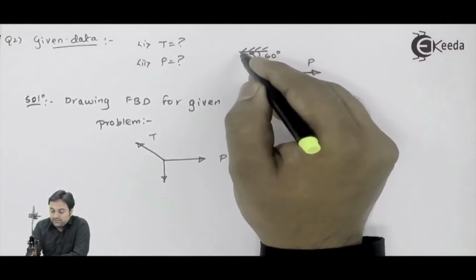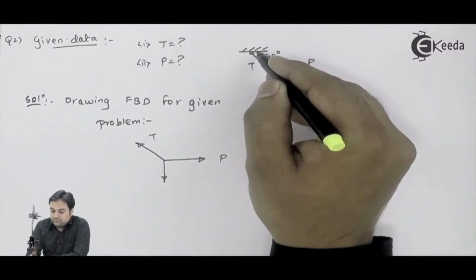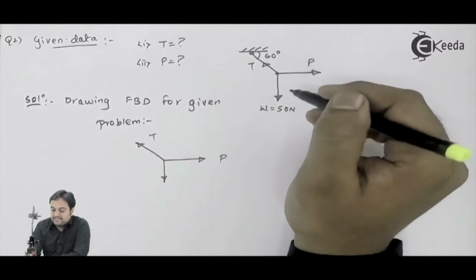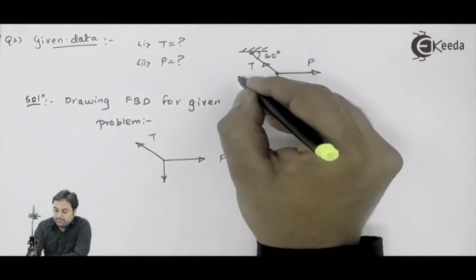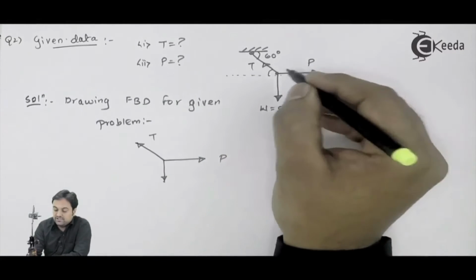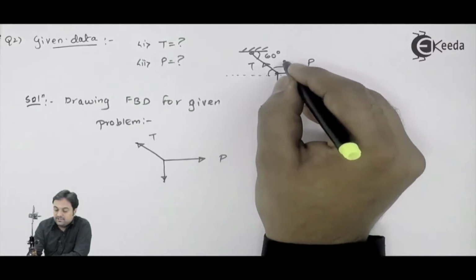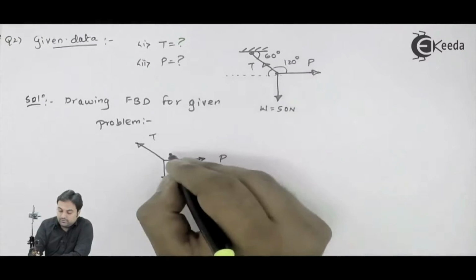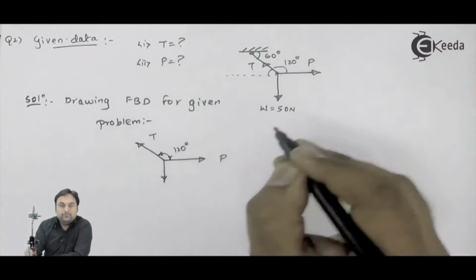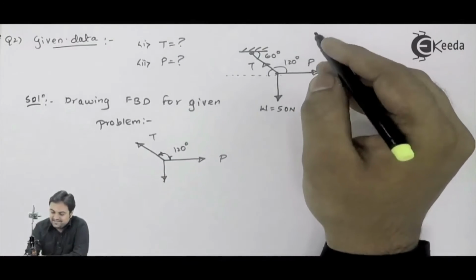Inclination with, we can say, horizontal and tension, that is 60. Next, if I draw a horizontal line, even this angle would be 60. If this is 60, the remaining is 120 degree. So here I have this angle as 120 degree. I hope you all have understood this.